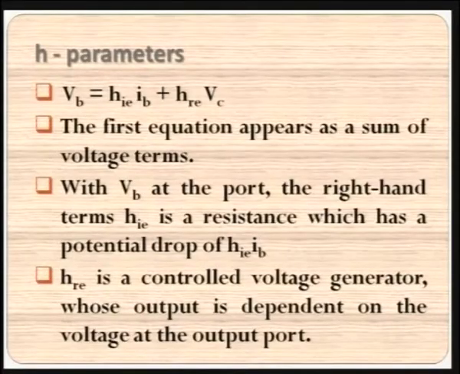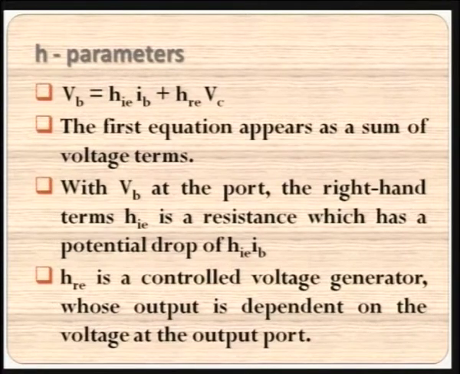So, with these 4 H parameters, how do we simplify a transistor into an equivalent circuit? Now, let us recall the two equations involving the 4 H parameters. Here, the first equation is VB equals HIE multiplied with IB plus HRE multiplied with VC.